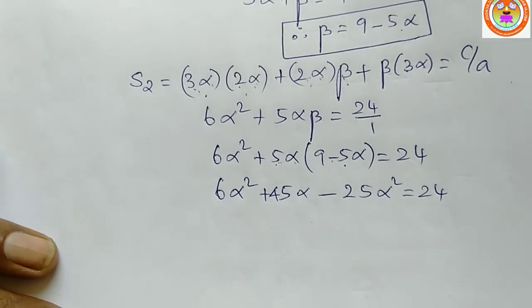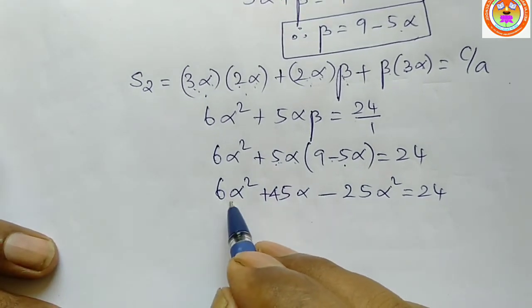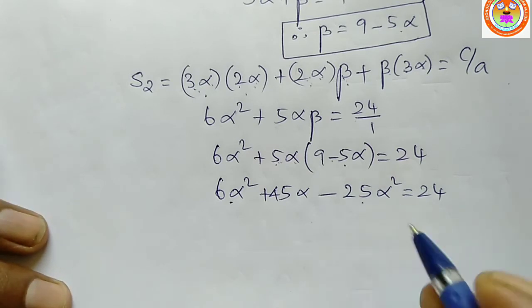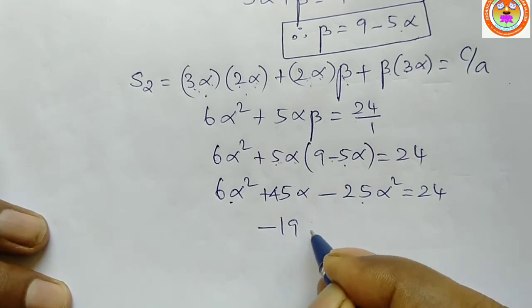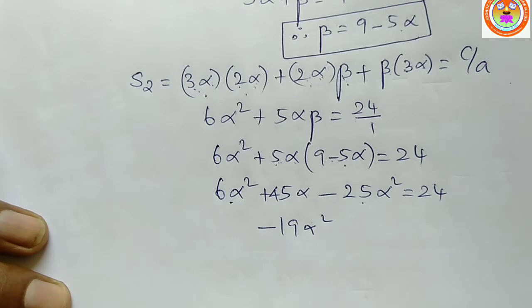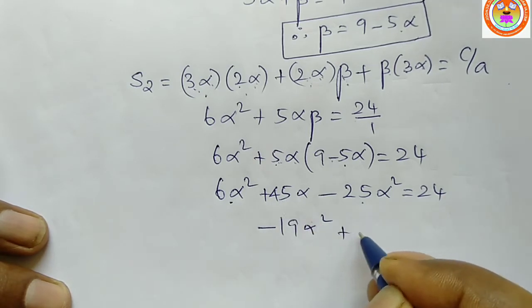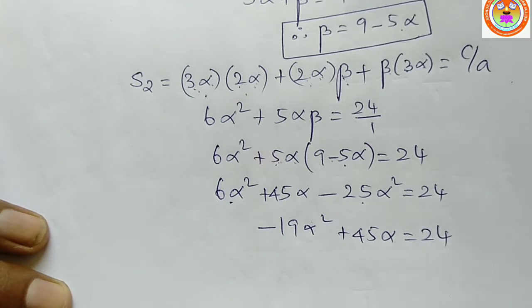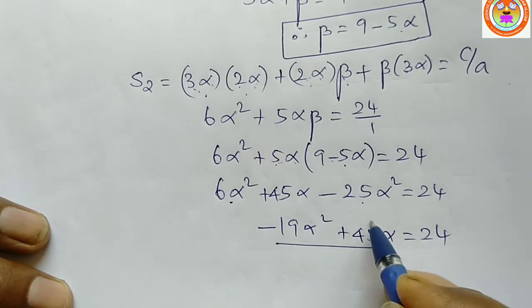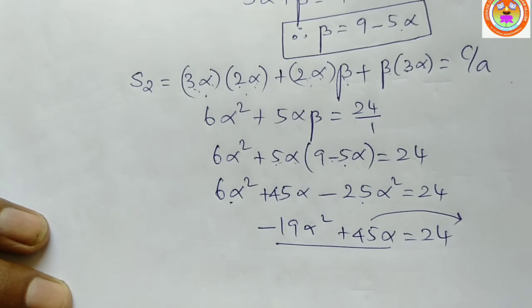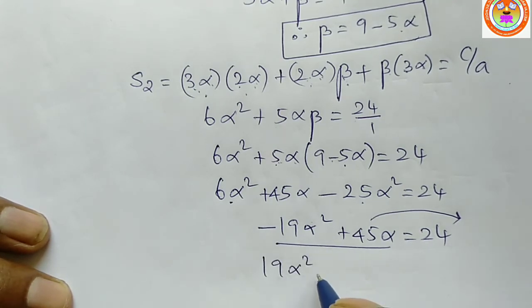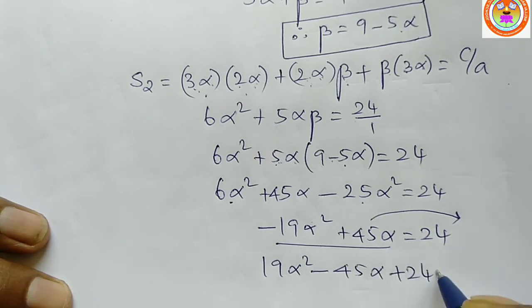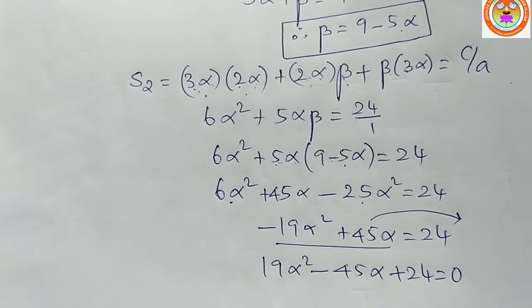That is 6 alpha square minus 25 alpha square is minus 19 alpha square plus 45 alpha, which is equal to 24. Now we are taking these two terms into the right hand side. So we are getting 19 alpha square minus 45 alpha plus 24, which is equal to 0.